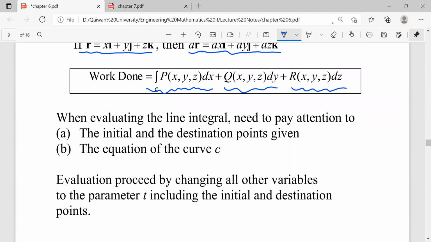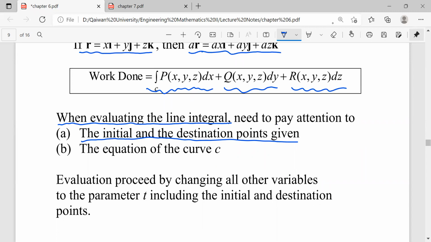Here, when evaluating the line integral, we need to pay attention to two things. First, the initial and destination points must be given. Without these two points, we cannot find the line integral, because the lower and upper limits for the integration we take from the initial and destination points.